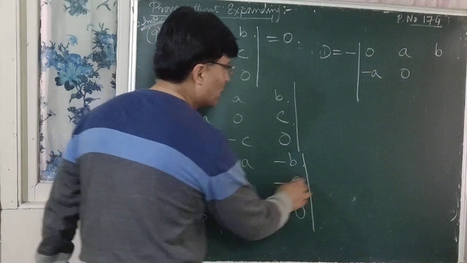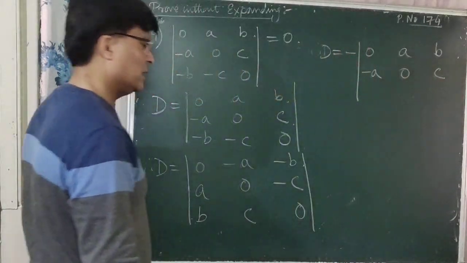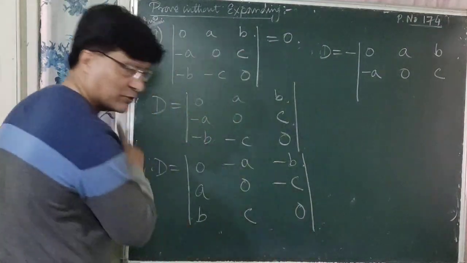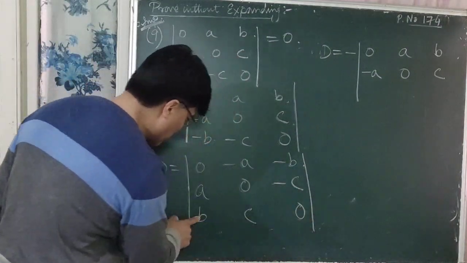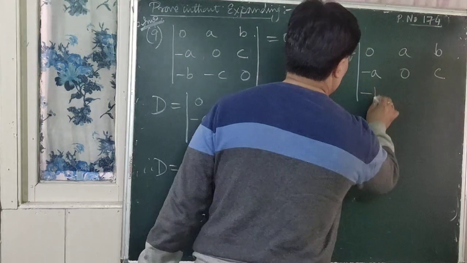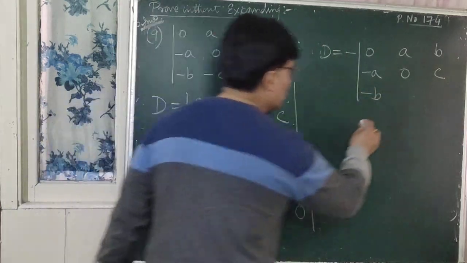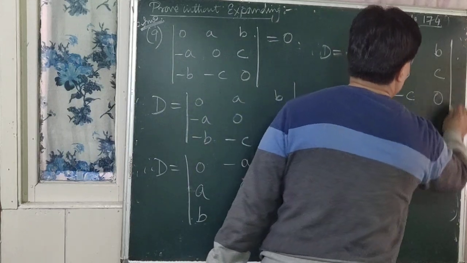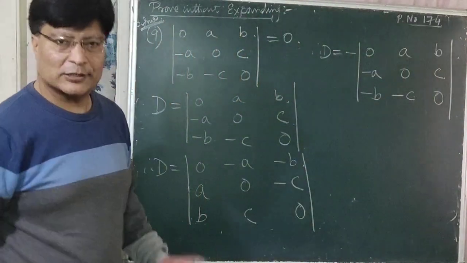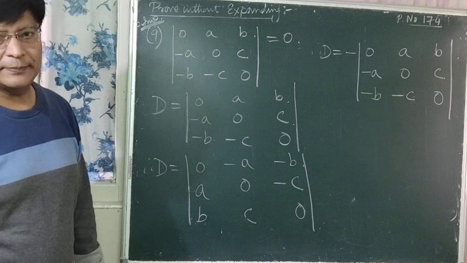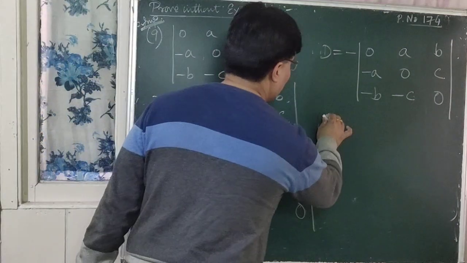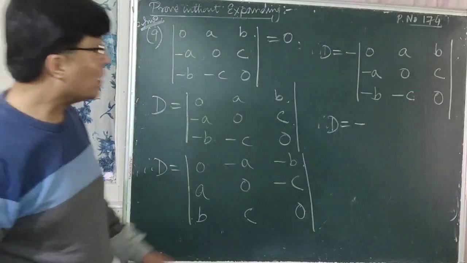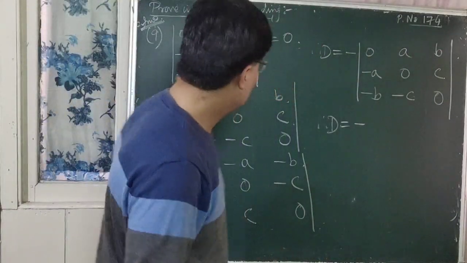Now here, minus common, what becomes of it? C. Okay? Next, now from here also we take minus common, so when taking minus common, this plus becomes minus, minus B. This plus C becomes minus C, and this one is 0. Understood? Okay, so therefore D is equal to, write down minus sign. Now what will you write for this determinant?